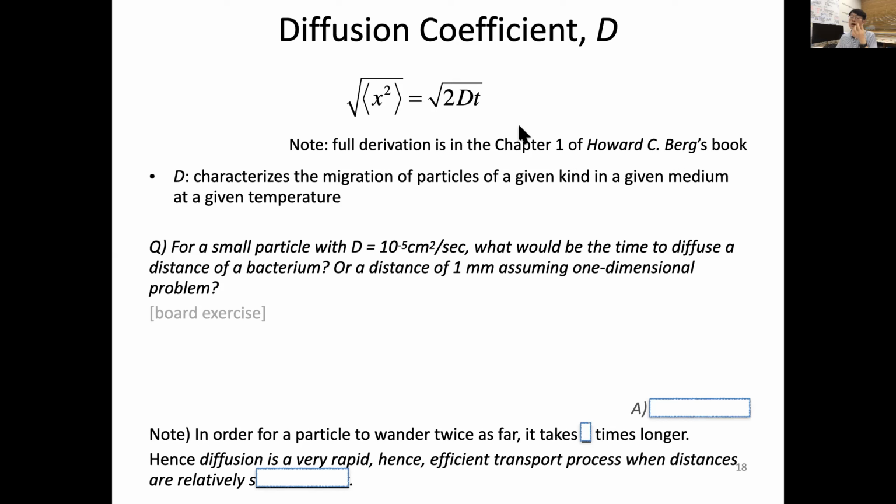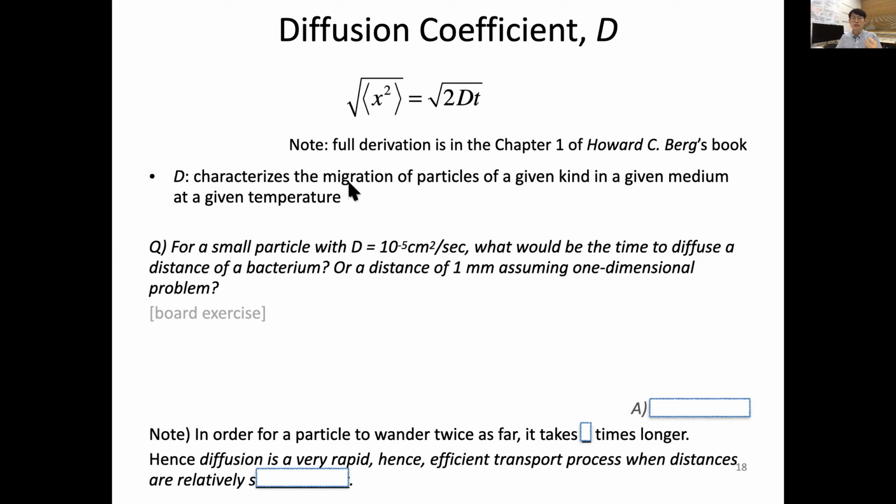So what does this diffusion coefficient mean? It is a characterization of the migration of particles of a given kind in a given medium at a given temperature, which means the diffusion coefficient is a function of the kind of particle, the medium, and the temperature.